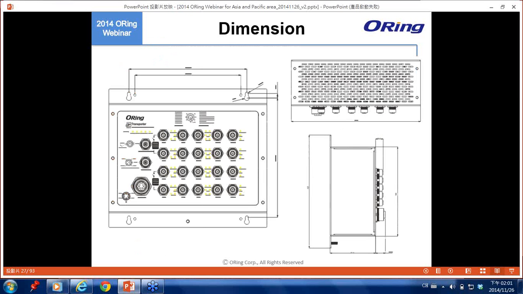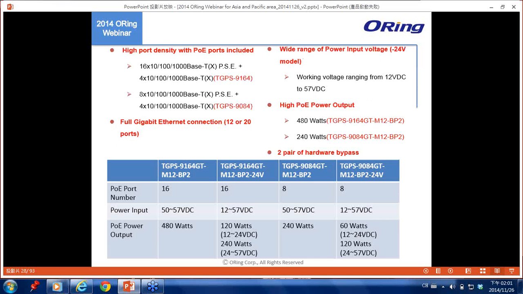Here is another dimension for your reference. The advantage of the TGPS 9084 and TGPS 9164 is high port density, which is 12 ports and 20 ports, with all of the ports running gigabit Ethernet connections.